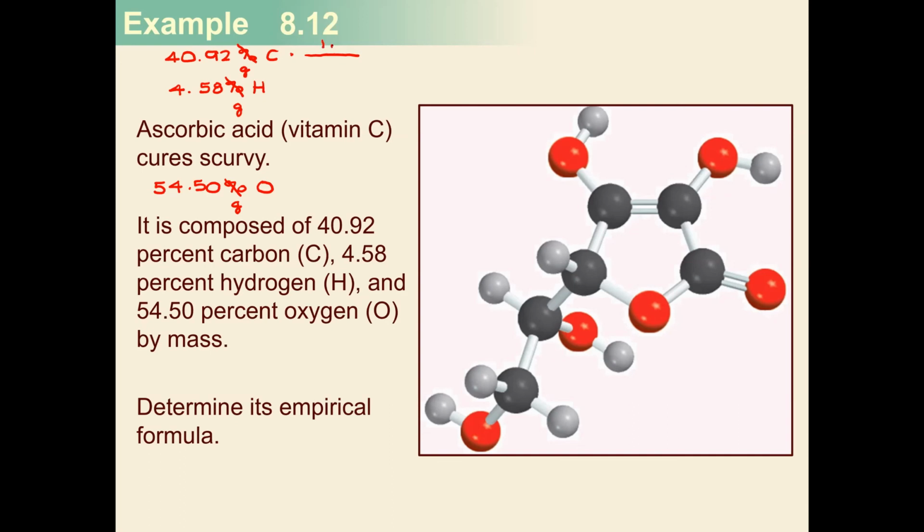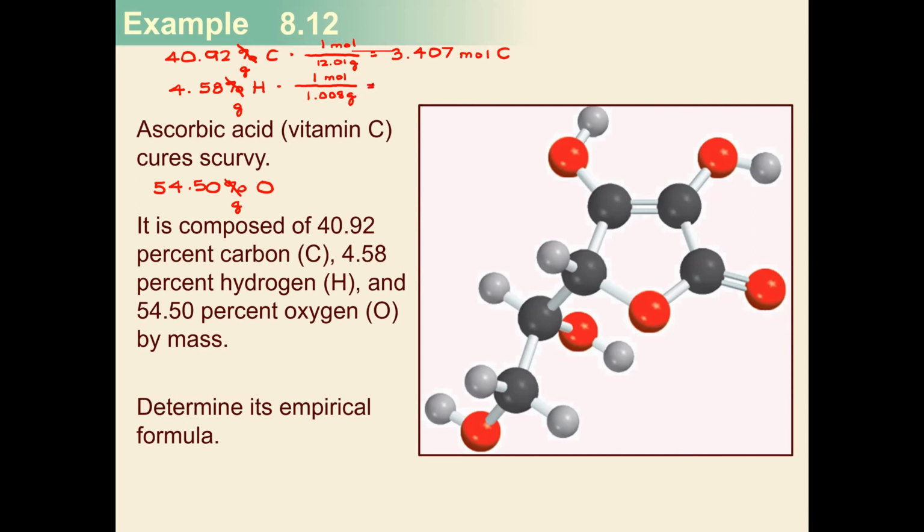So I will get 1 mole of carbon for every 12.01 grams, and this will come out to a value of 3.407 moles of my carbon. Now I can go ahead and do the math for the hydrogen. So I can state that 1 mole of hydrogen is 1.008 grams.